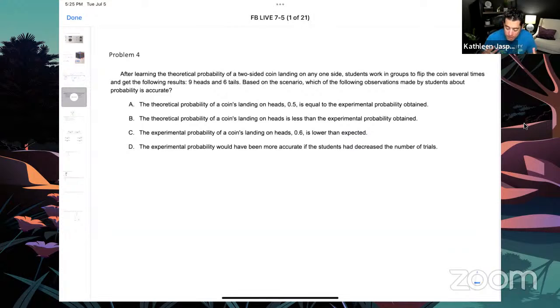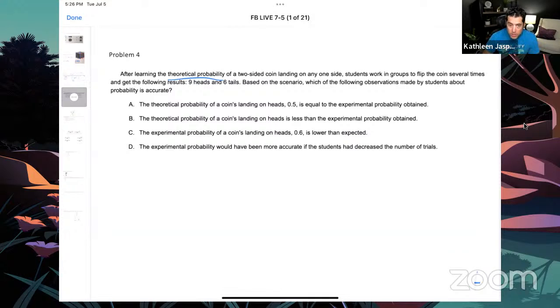So there's nothing going on here where it's giving you an equation to solve or anything like that. It's just telling you theoretical probability right here. So knowing what theoretical probability is, tell me which answer is correct. You have to go through the answer choices and understand them.